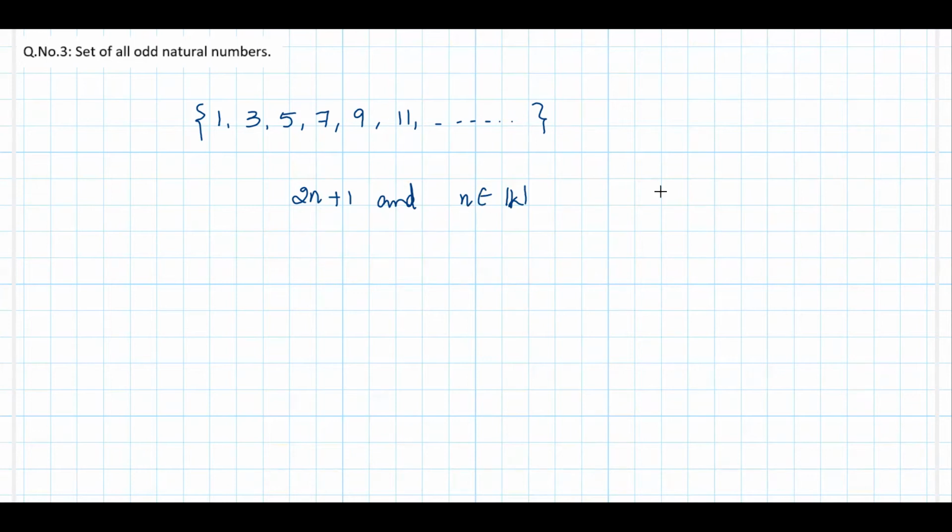You can take all the possible whole numbers for n, and then we substitute them in the place of n in the equation 2n plus 1. And then we get x values and we will display those x values, right? So x such that x is equal to 2n plus 1 and n belongs to whole numbers. The first one is the tabular form. And the second one is the set builder form.